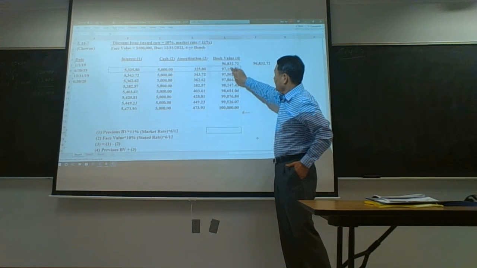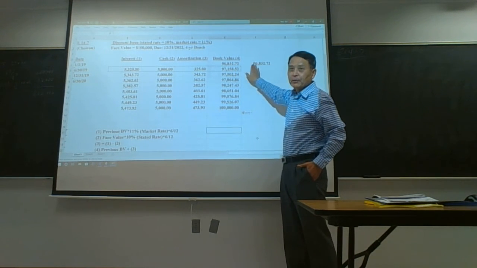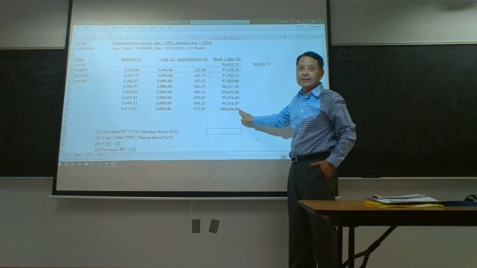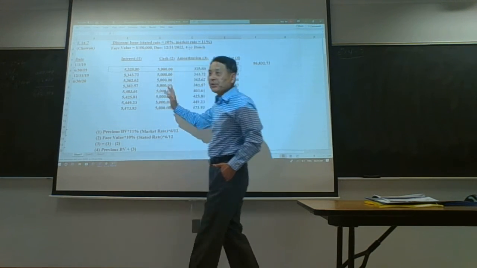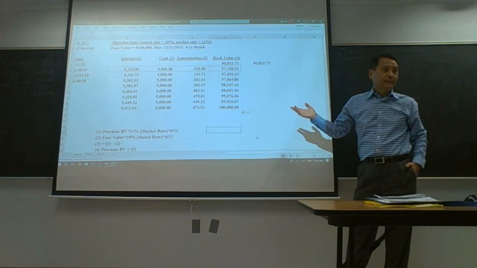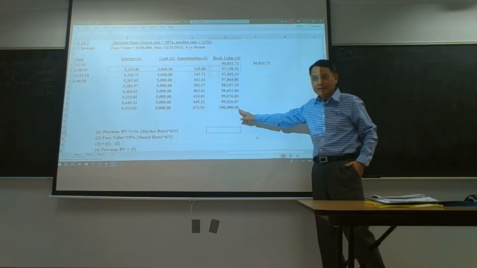So from present value, 96,832, the price, all the way down to maturity value at maturity, $100,000. If you do everything correctly, you must come up with maturity value at maturity. If not, there's something wrong. So this is a check figure.